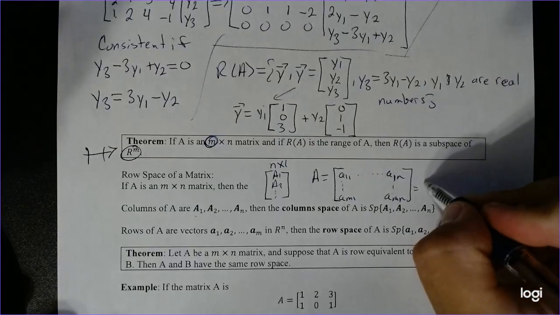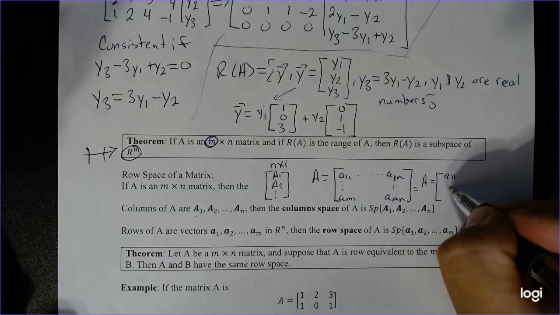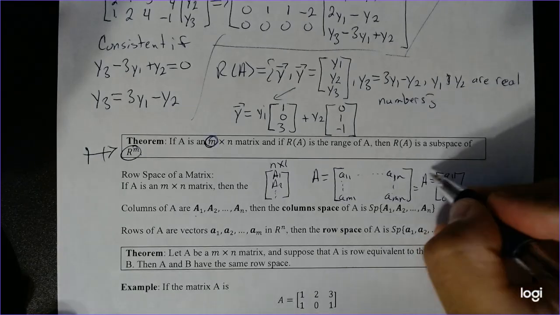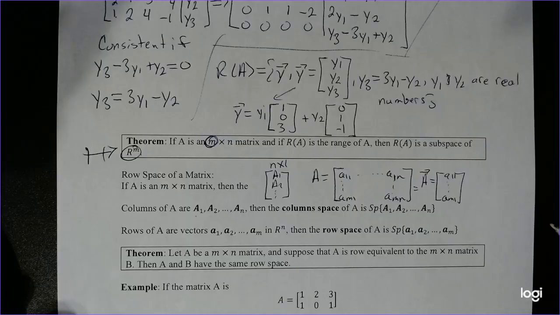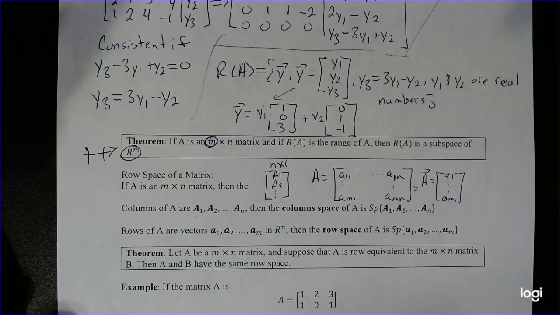So A1 would equal the first column of matrix A. So I guess you can put them as vectors, right? And then A2 would be the second column all the way down. That's what these represent.